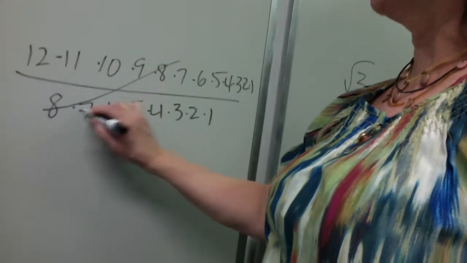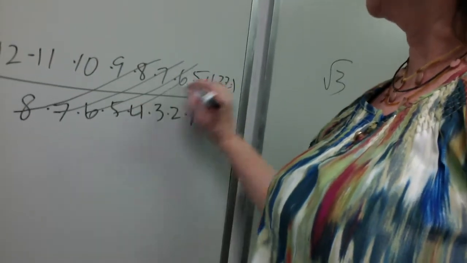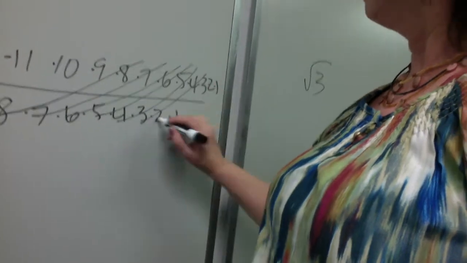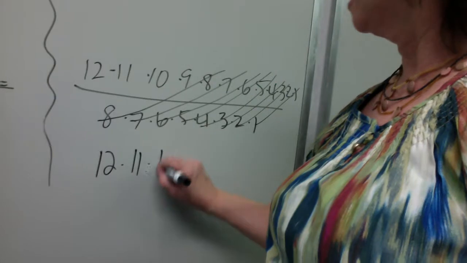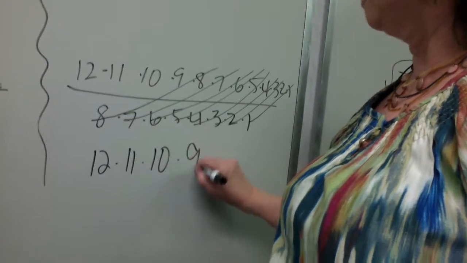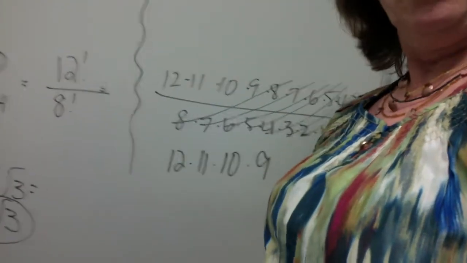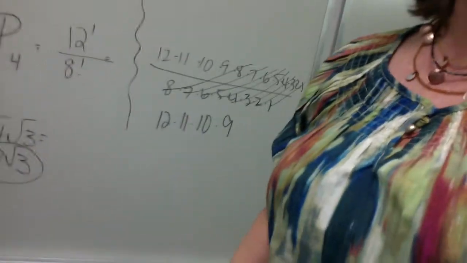This factorial will cancel. Everything in here is going to cancel, and we will be left with 12 times 11 times 10 times 9, which we could do on the calculator, or we could cheat and look in the book and see that the answer is 11,880.